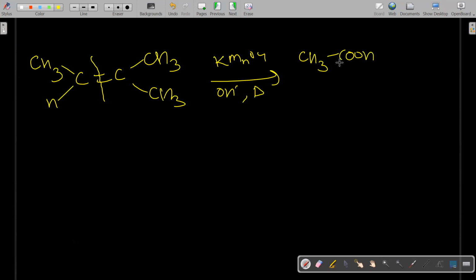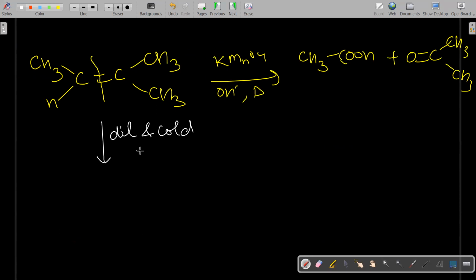One is a carboxylic acid and another we are getting ketone, right? But if the same reaction occurs in presence of dilute and cold KMnO4, then in this case, the bond will not cleave.